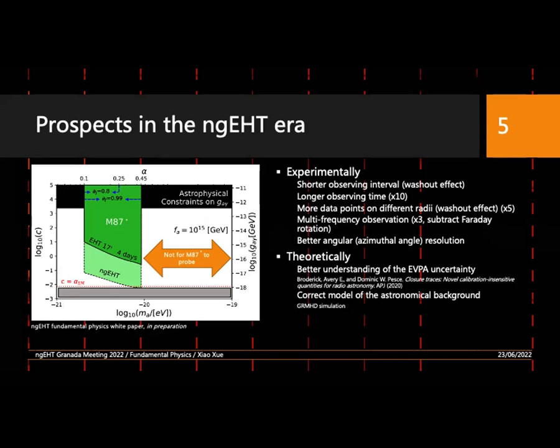But the axion-induced birefringent signal is achromatic, which means that it does not depend on the wavelength or the frequency. So if we have data at more frequencies, we can easily differentiate between these two effects. Yes.